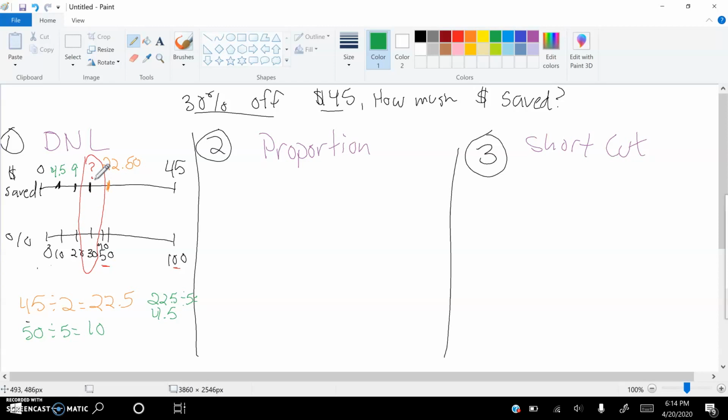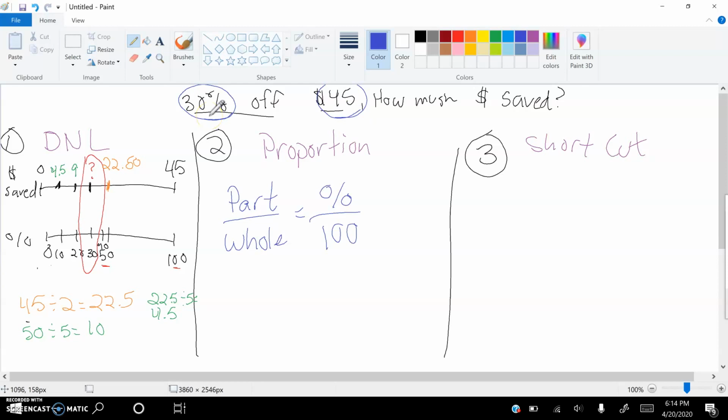Now let's look at setting up a proportion. So we use the same proportion no matter what we're trying to find, part, whole, or percent, by doing part divided by whole equals percent out of 100. So let's look at the 2 numbers that were given. 30% and $45.